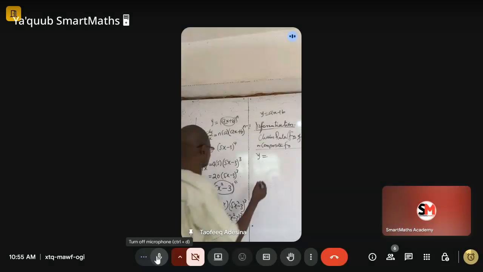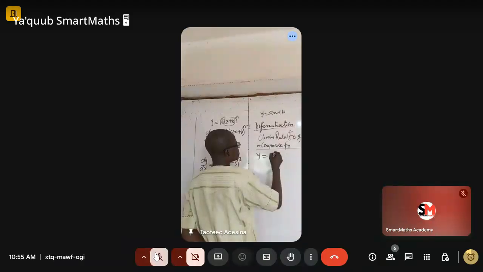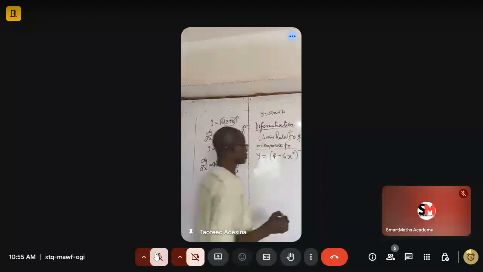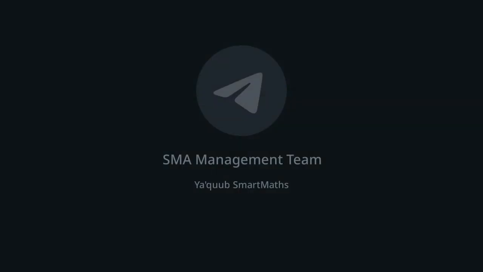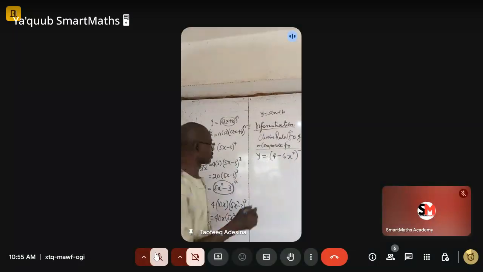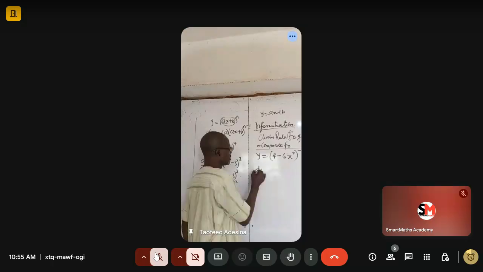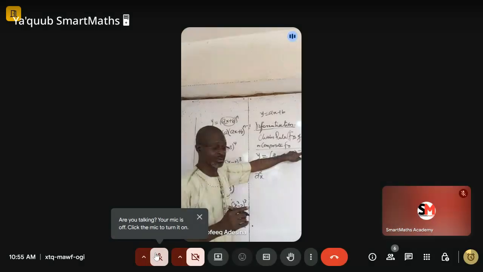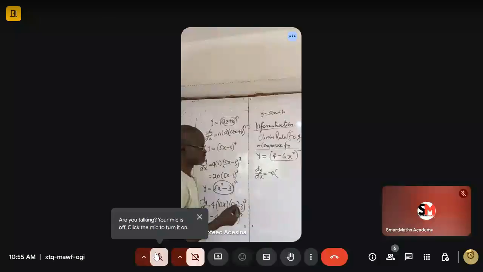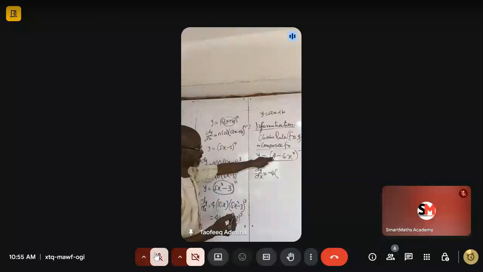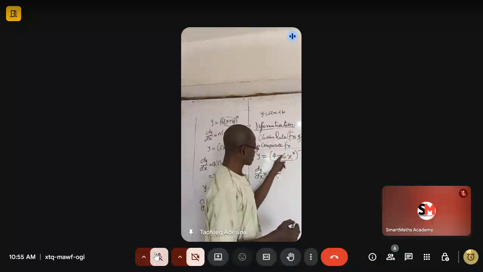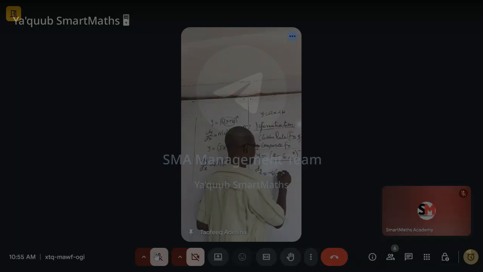Okay, let's look at this. (4 minus 6x cubed) raised to power negative 4. That's going to be the same process. The power comes down, that is negative 4. Then differentiate the inside: 4 becomes 0, which is the constant, and that will be minus 18x squared.